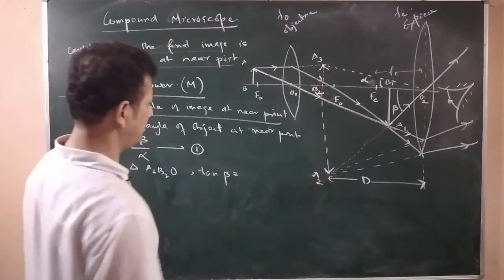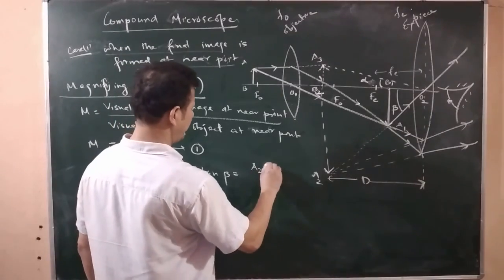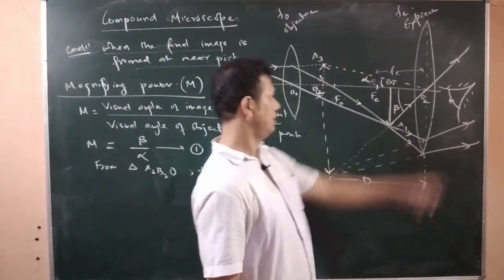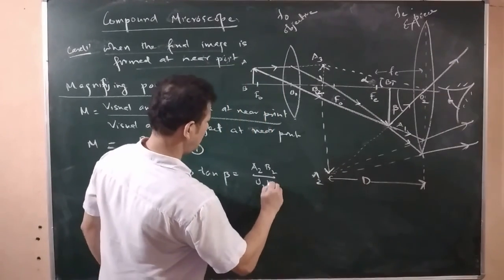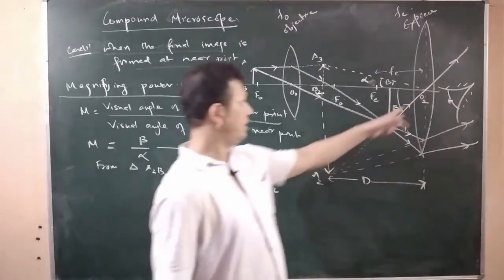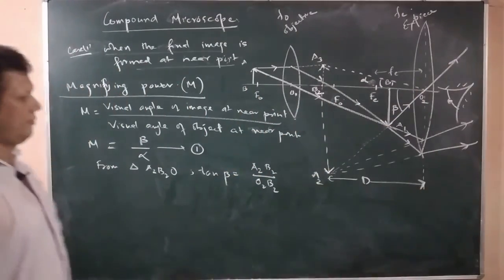So tan beta will be perpendicular A2 B2 divided by base O2 B2.